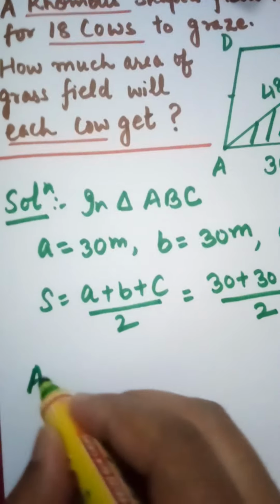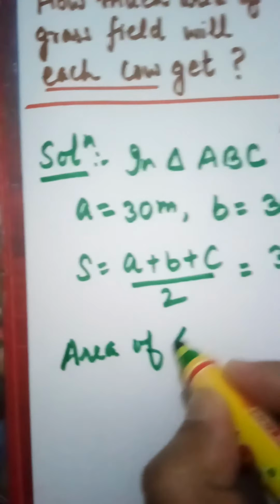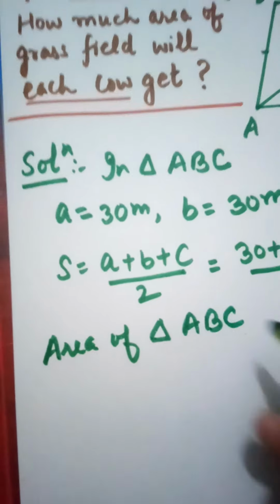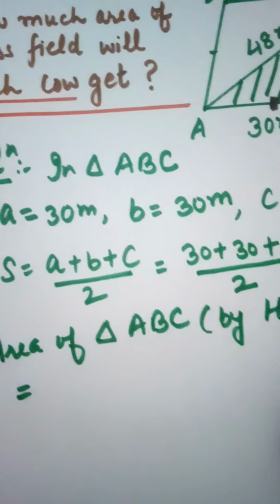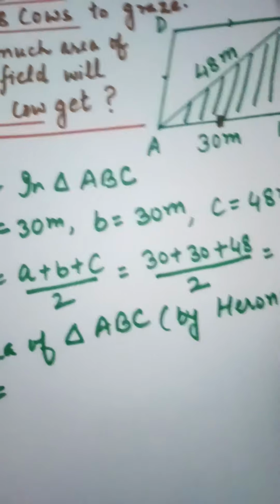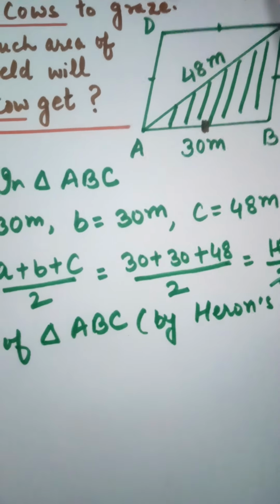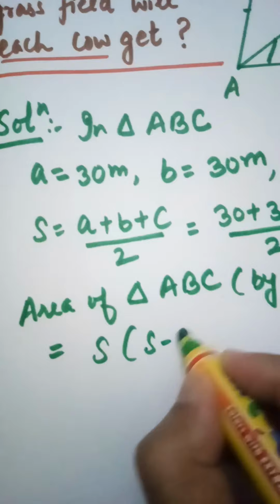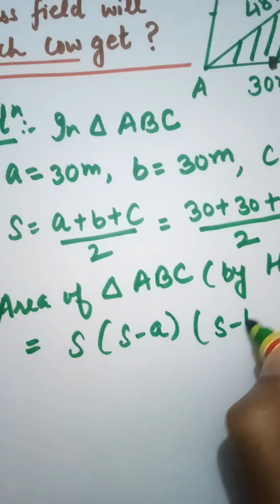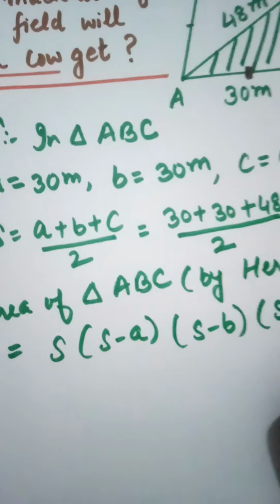Now let's find the area of triangle ABC by Heron's formula. You can write by Heron's formula, area of triangle ABC is equal to the square root of S into (S minus A) into (S minus B) into (S minus C).